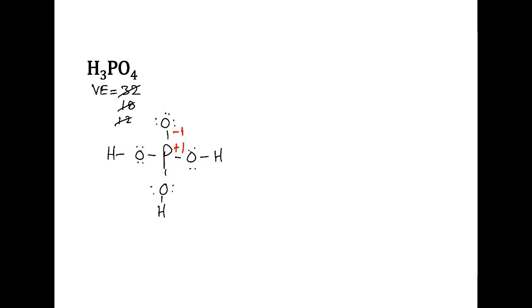If we were looking for a Lewis structure that minimized formal charge, we'd have to move a lone pair in from this Lewis structure here. And what we'd end up getting there is something that looks like this.